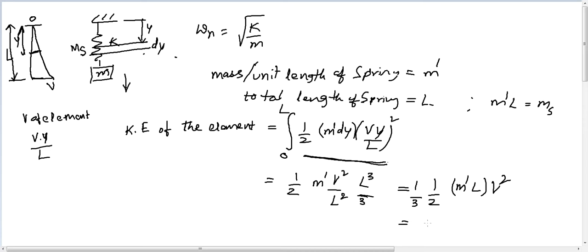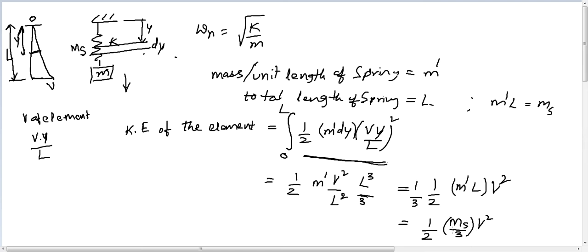This can be written as half m dash l, which is nothing but ms, by 3 into v square. So in place of m we got ms by 3.